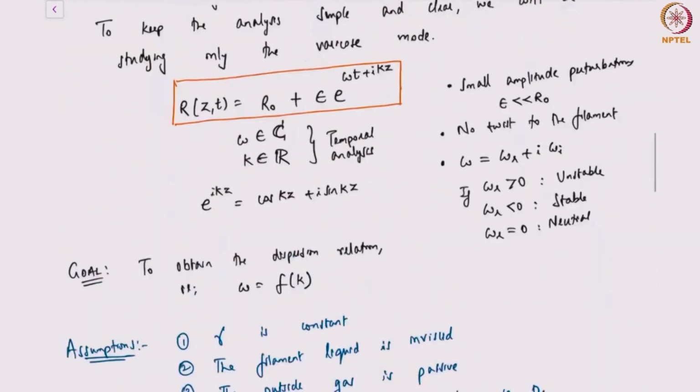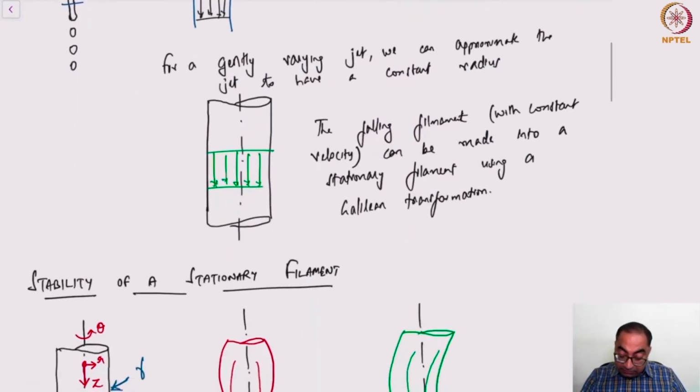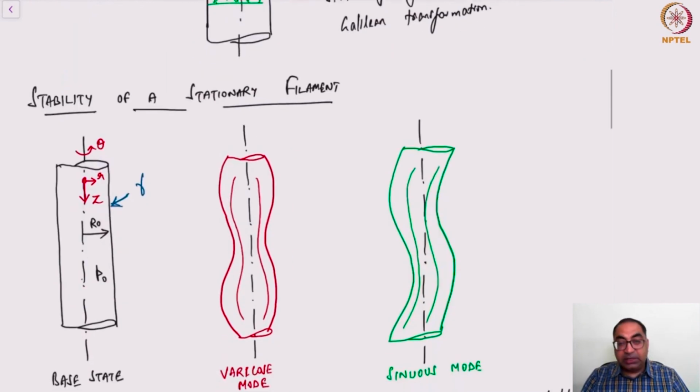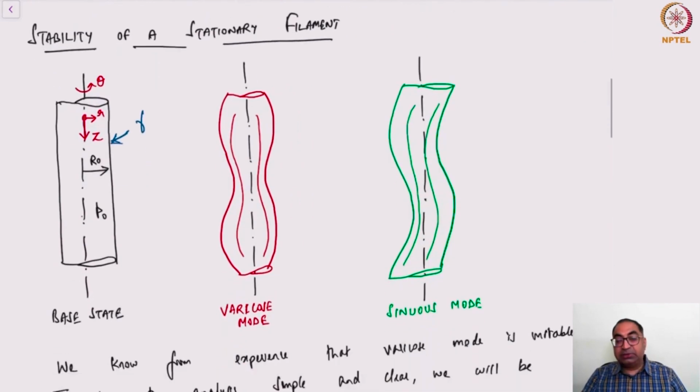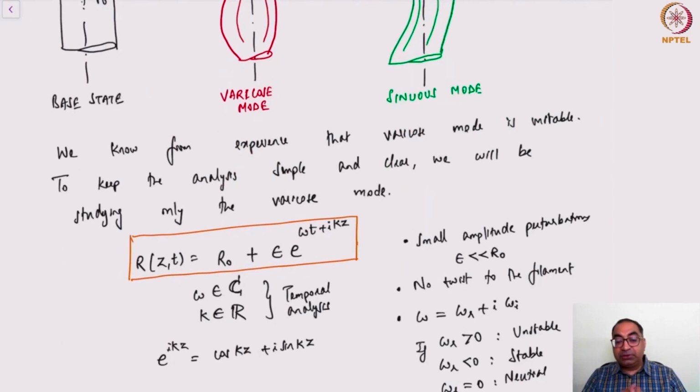We started with a thinning filament. We then moved to a filament which is moving down with a constant velocity because its radius was constant. Then you can use a Galilean transformation and reduce it to a stationary filament. We looked at what kind of undulations are possible in the stationary filament, and we analyzed the case for a varicose mode. So we introduce a perturbation in the normal mode form on the base state.